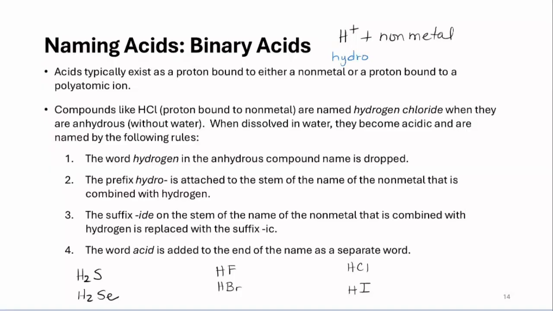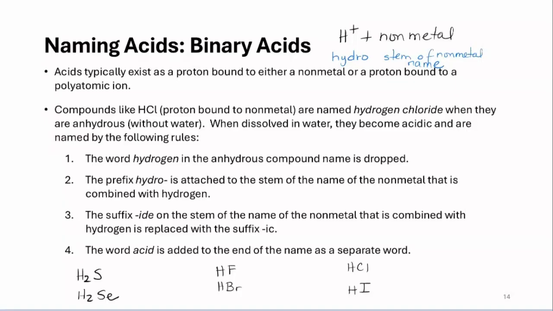Then, for the nonmetal name, we're going to use the stem of the nonmetal name, and then instead of using an IDE ending, we're going to replace it with the suffix ic acid. Let's do some examples. The 6 binary acids that you need to be familiar with are written at the bottom of the slide.